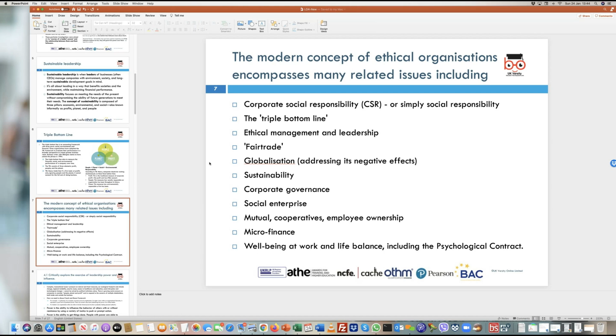When you look at things like sustainability, carbon neutral, corporate governance, social enterprise, and organizations looking at work-life balance, that means organizations today see human resources as one of their assets.